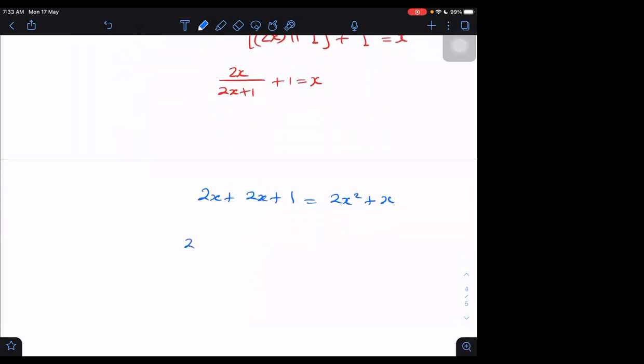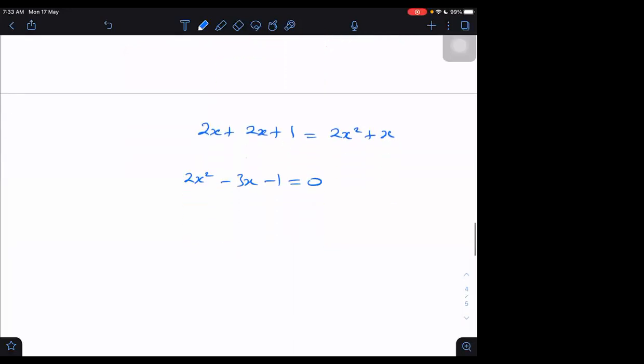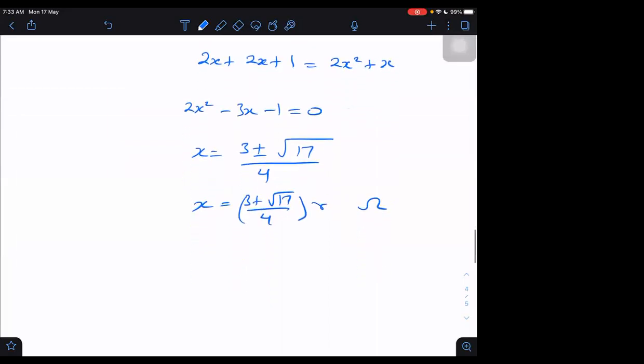So we get 2x square minus 3x minus 1 is equal to 0. x is finally 3 plus root 17 divided by 4. Minus we have to ignore as usual. So 3 plus root 17 divided by 4 into R ohm. That is x finally.